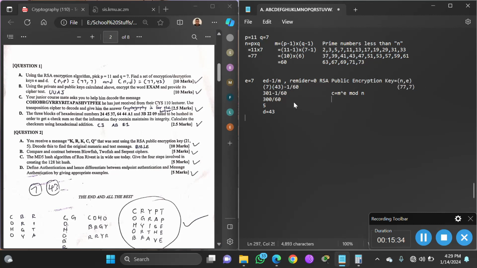Let me explain the formula again. We have C, which is the ciphertext we want to obtain because we're encrypting something. M is the plain text being encrypted by this encryption algorithm denoted by E.